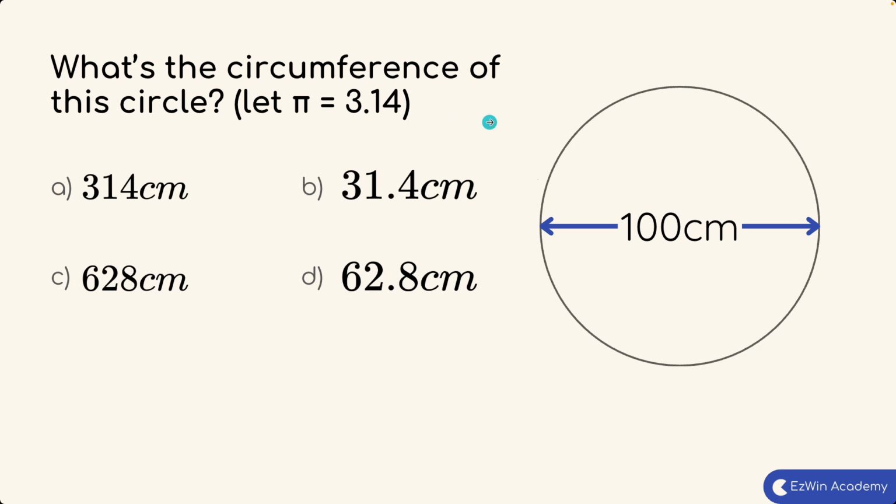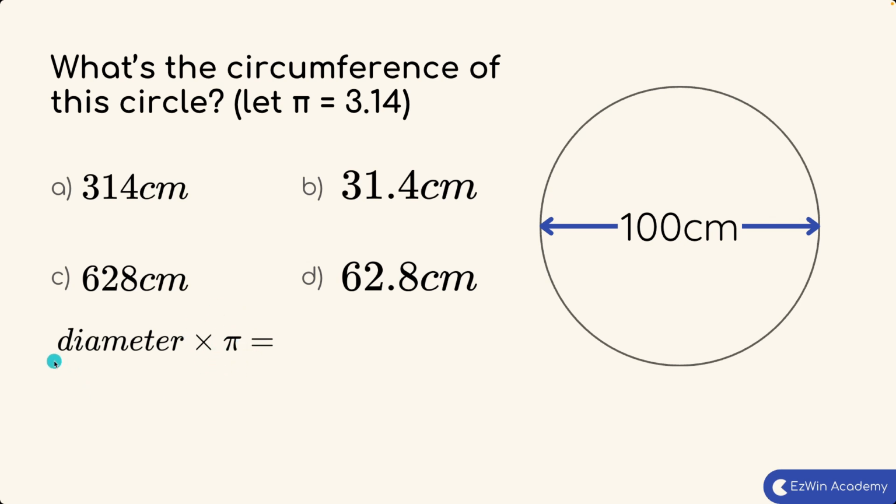So now let's do a simple exercise. With a diameter of 100 centimeters, what's the circumference of this circle? You can take out your paper and pen and pause this video to find out the answer. Once you are done, you can unpause to see if you got the correct answer. So let's go through the answer. First of all, we need to know the circumference equation, which is basically the diameter multiplied by pi.